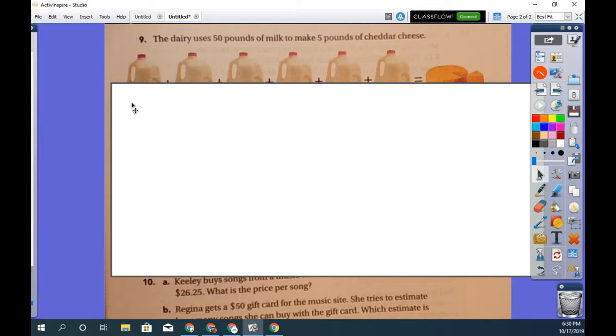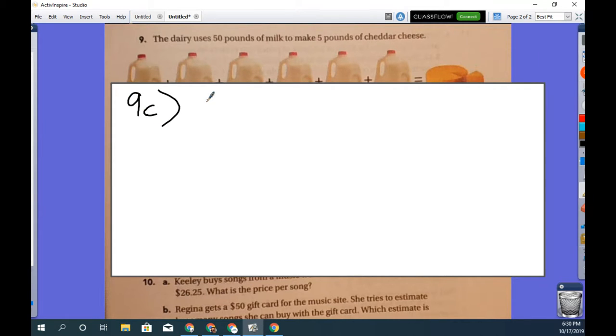So for 9C, we are going to relate pounds of milk to pounds of cheddar cheese. The ratio we've been given right now is 50 pounds of milk to 5 pounds of cheddar cheese. And now we're going to go ahead and rewrite this. So we're going to rewrite this as a fraction, 50 pounds of milk to 5 pounds of cheddar cheese.